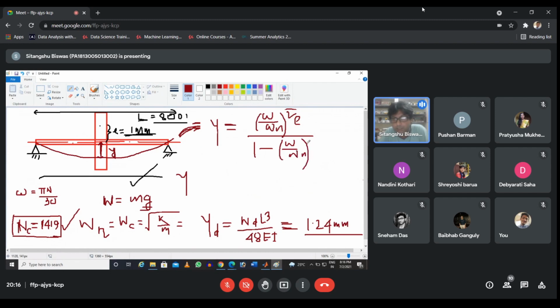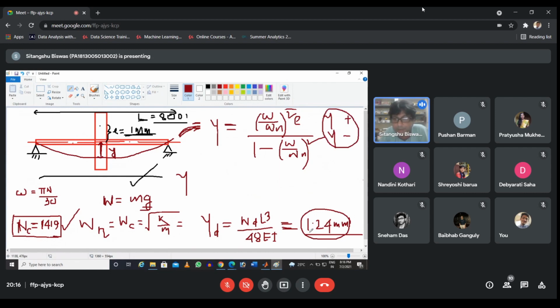We already know this. So we got that value of dynamic deflection, and you remember I have told 3 mode shapes. Sometimes Y will be positive, and in some RPM range Y will be negative.